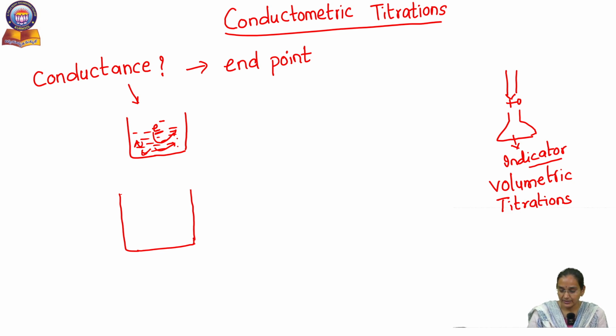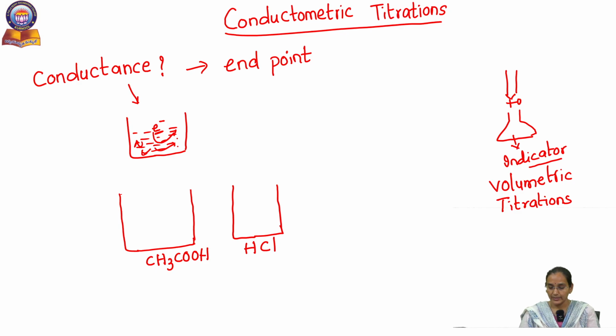If we consider a solution like acetic acid and HCl, one is a weak acid and the other one is a strong acid.